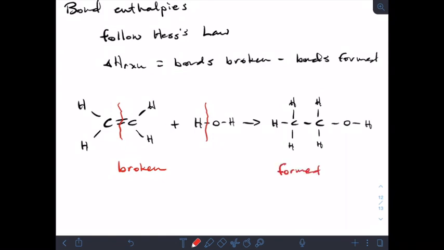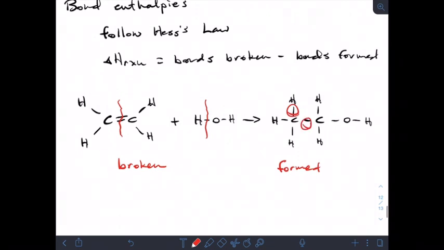And then formed over here, we've got one of these, and one of these. So looking at the fragments, we want to pay attention to how this thing comes apart and then gets reassembled. And so we would look at bond energies.